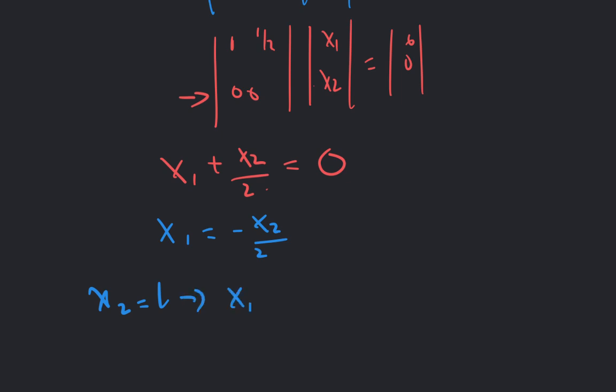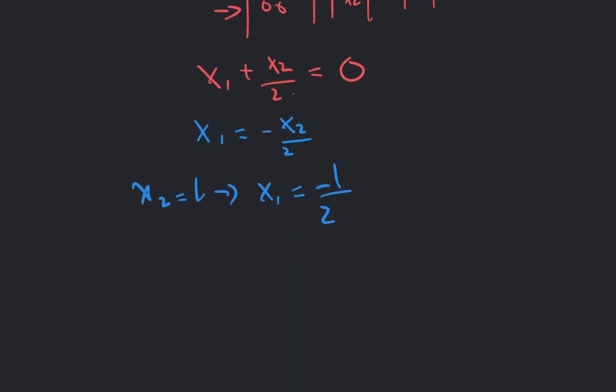Then x1 is equal to minus 1 over 2. So that our second eigenvector, v2, is then equal to minus 1/2, 1.